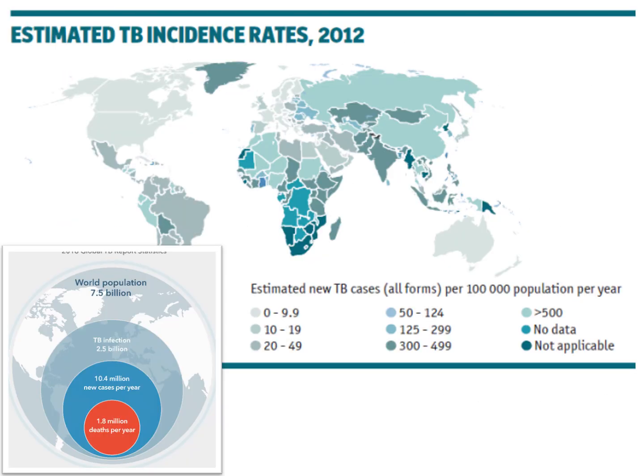Here you can see the estimated TB incidence rates in the early 2012 area. You can see here that it really doesn't affect North America as much as it does the rest of the world. But unfortunately, the TB-causing bacterium is so pervasive and so virulent that it can spread like wildfire in a non-vaccinated community, such as, for example, the US.